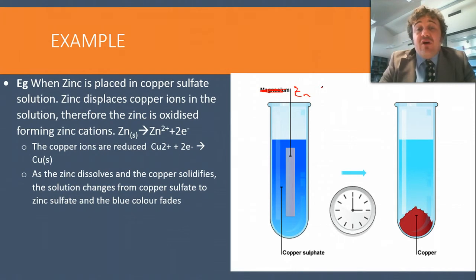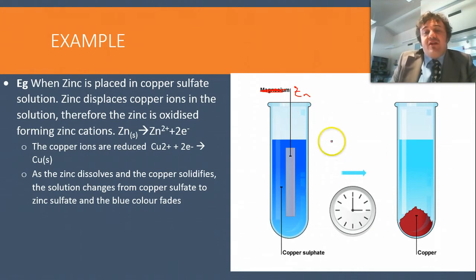Therefore it's oxidized because it loses electrons. So the zinc loses electrons, and therefore oxidizes. The copper in solution gains the electrons, so it's reduced, and because it gains the electrons, it is no longer an ion, it's now solid copper, and it forms down the bottom.